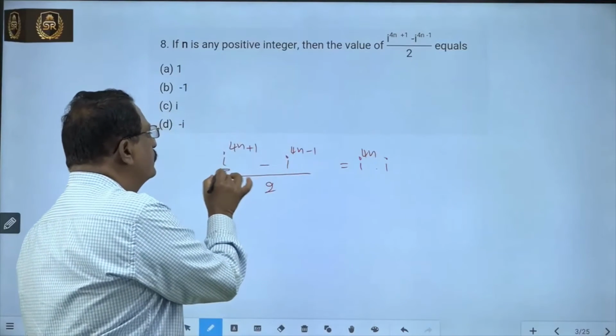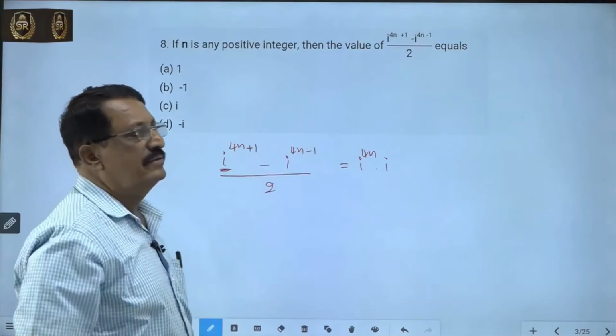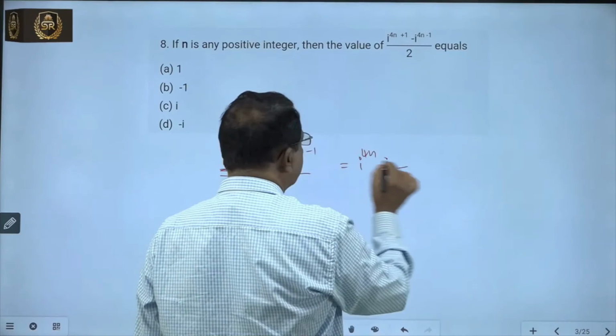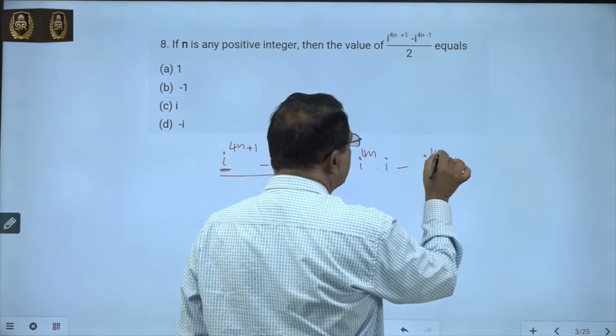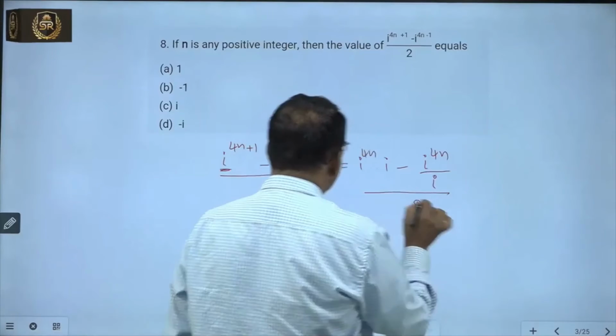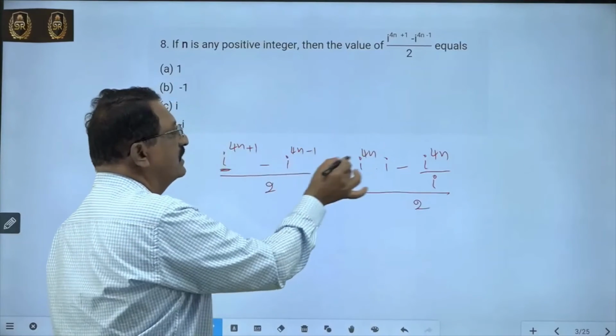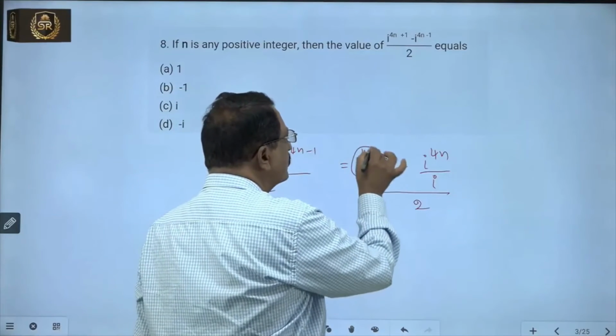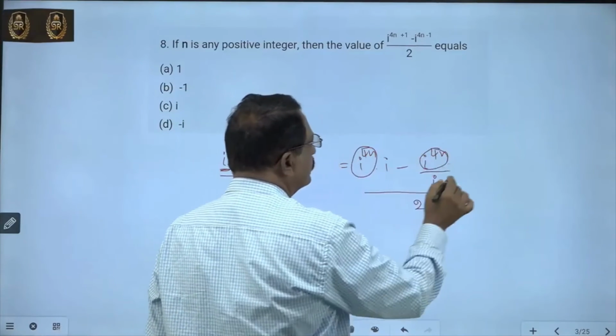Next, minus i to the power of 4n by i, by 2, because i to the power of 4n minus 1 equals i to the power of 4n by i. But i to the power of 4n equals 1. Here it is also 1.